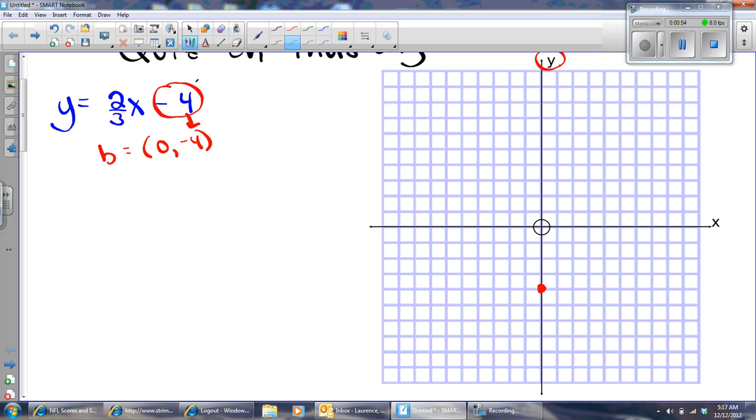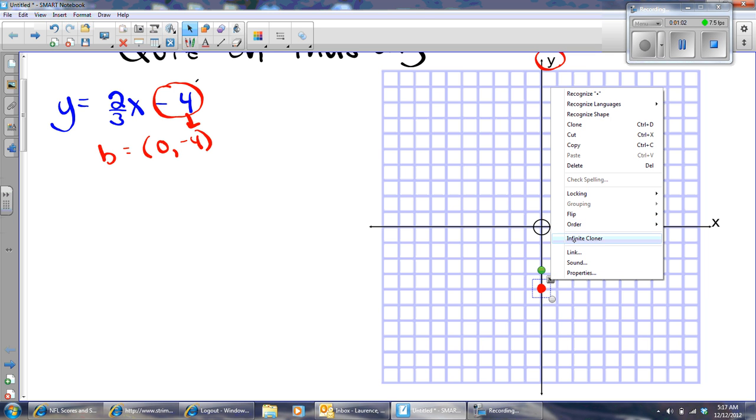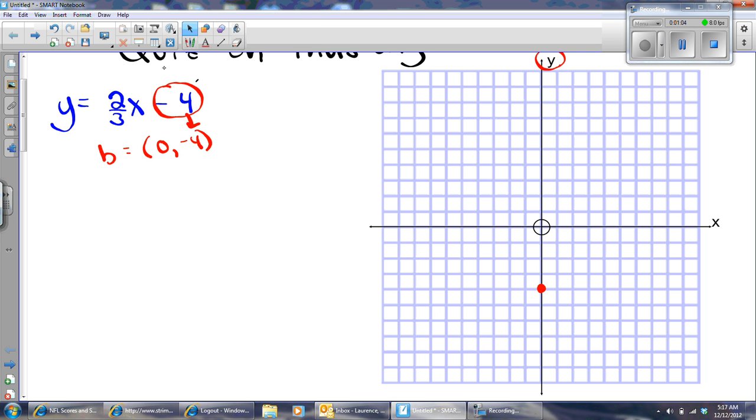right there. Now, to get my other point, I use something called the slope. That's why we call this slope-intercept form. All right, my slope in this problem, they use an m for slope, is 2/3. And remember, that's a rise of 2 and a run of 3.